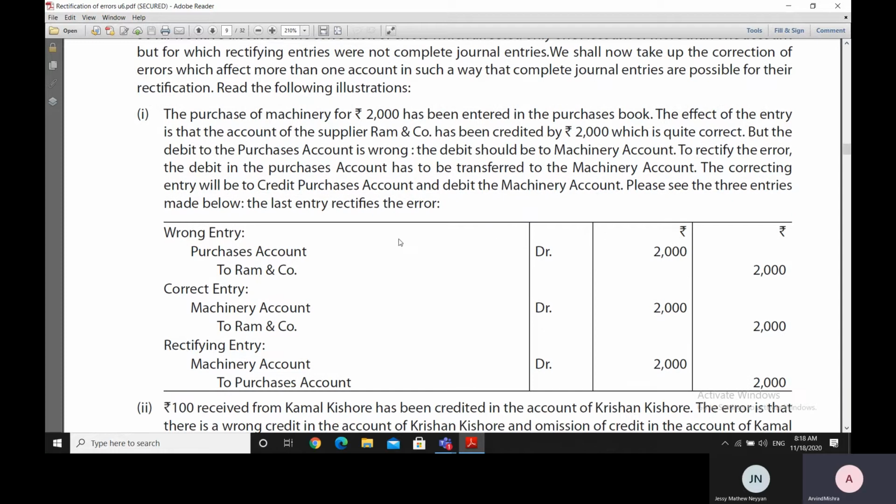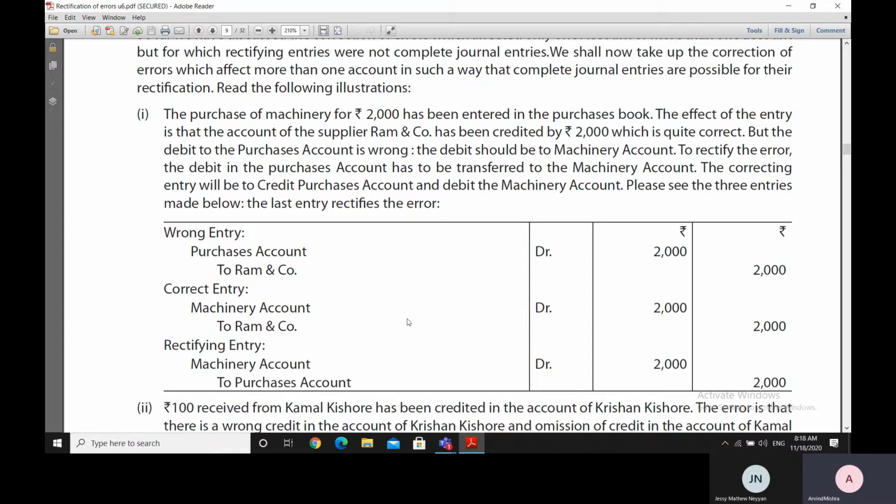So let us see how the wrong entry was made. The wrong entry was debit to purchases account 2000 and credit to Ram and Company account. Now this is the wrong entry. The correct entry that should have been made actually was machinery account debit and Ram and Company credit. Now what we'll do, we will debit the machinery account and credit the purchases account.